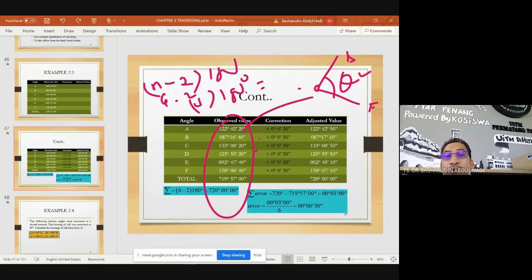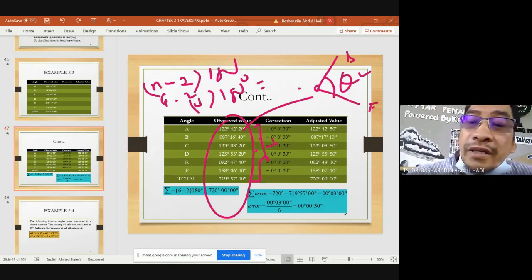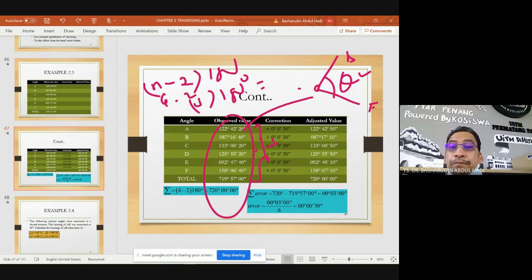But based on your observation, when you add all these up, the reading is not 720 degrees. You get this one, 720 degrees 57 minutes, 0 seconds. From this total, you minus the original one.